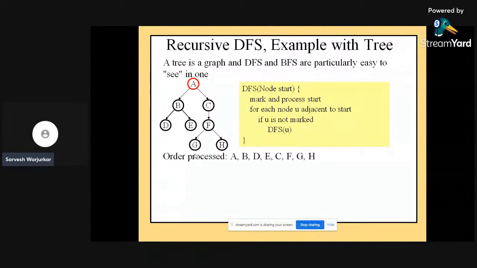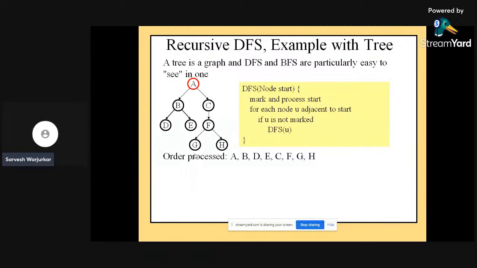A, B, sorry, A, B, D, and then from D it can come back towards B, since it has visited D, and from backtracking, from that B it can again visit the unvisited node.